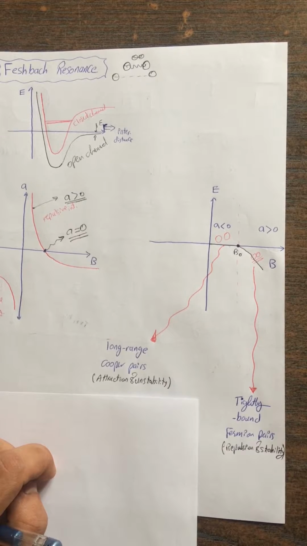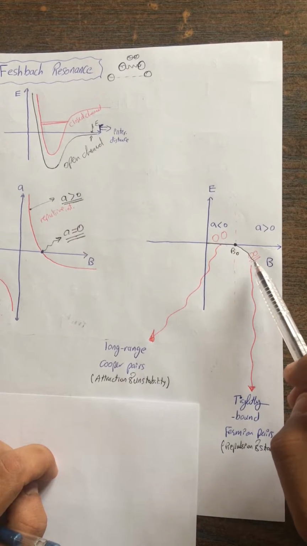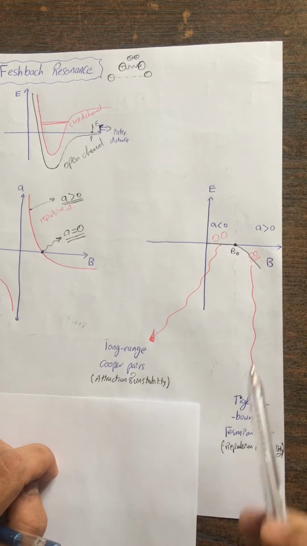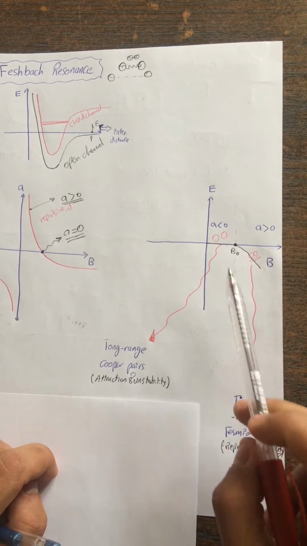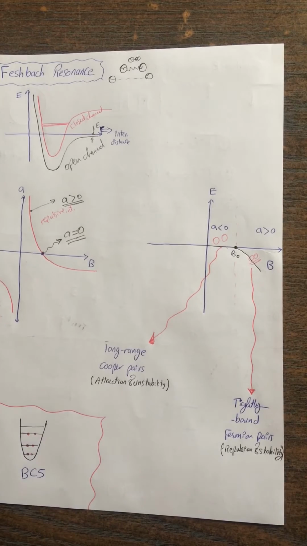We will see in a second the difference between Cooper pairs and fermion pairs forming Bose-Einstein condensation. But the other molecular pair you see here is a tightly bound molecule, tightly bound fermion pairs with repulsive interaction, but this is a stable molecular pair, as you can see. So you can go from one side to the other by the magnetic field gradient that you affect the system with.